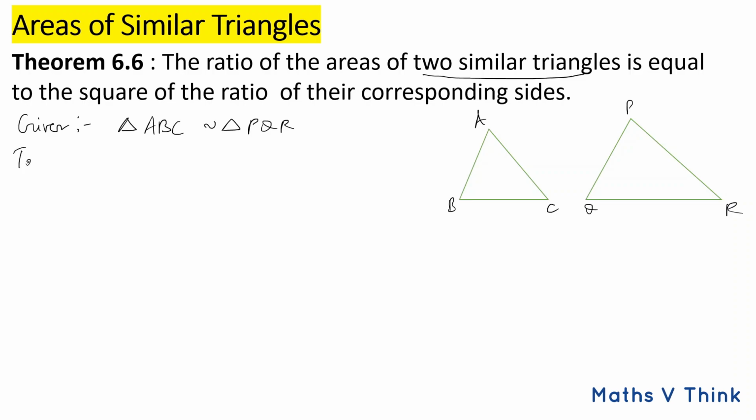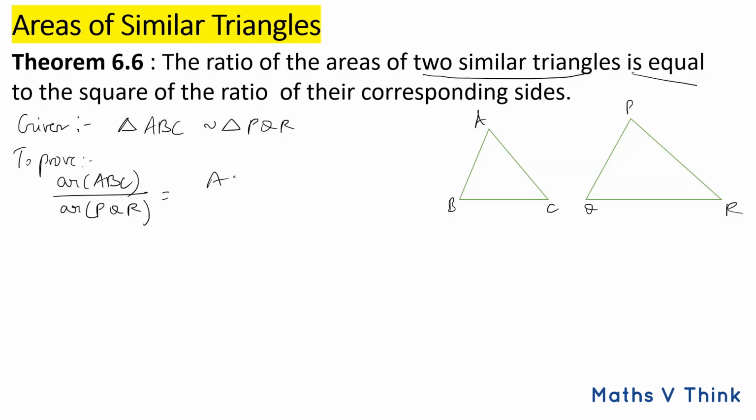Now, to prove. The to-prove says the ratio of areas of similar triangles, meaning area of triangle ABC divided by area of triangle PQR, which is the ratio of areas of two triangles, is equal to the square of the ratio of their corresponding sides.